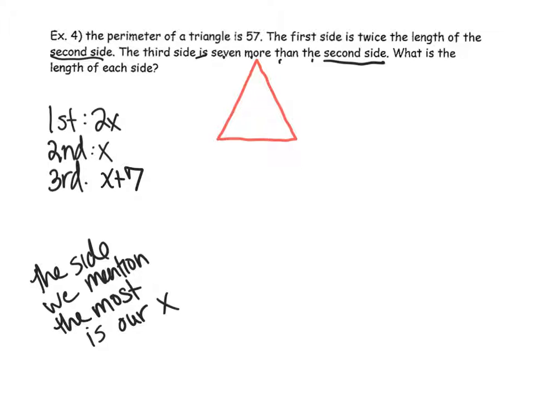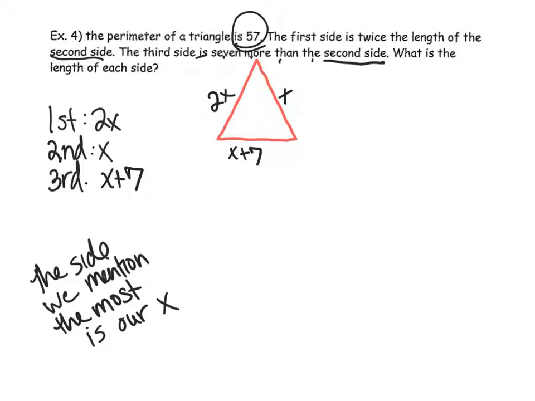Just put them. Whatever. 2X and X plus 7. However you label the sides is fine. I mean, it's obviously not drawn perfectly because it's like an equilateral triangle almost. Isosceles. Add up all 3 sides and the perimeter is 57.